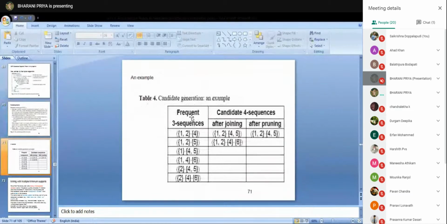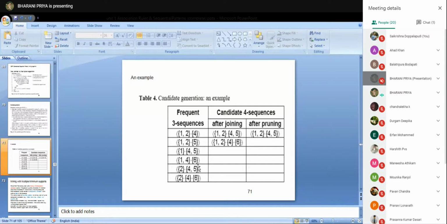Let us see with an example. These are the items I need to join. What is the rule? When you drop the first item in one item set and the last item of the other item set, the results should be the same. I'll drop 1 here, so the result is 2, 4.